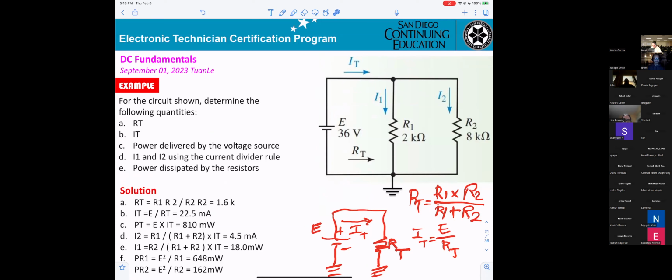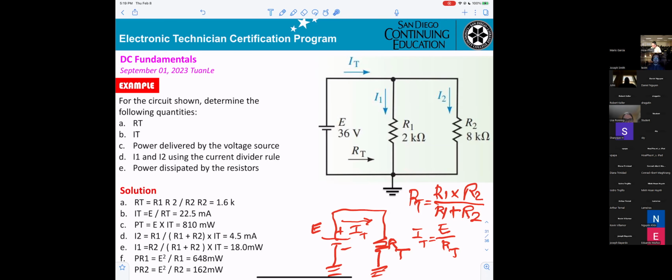Okay, now you're talking about I joule, right? Let's talk about resistance. What he's talking about is under solution, letter A, where you got R2 times R2. I think what you meant to put was R1 plus R2. Look at letter A under solution, for the resistance total.